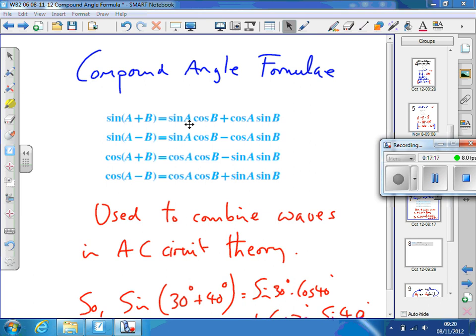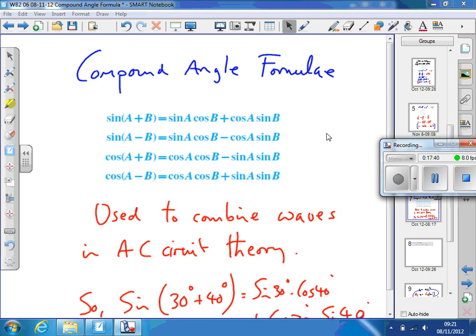If you look at the section on assignment 4, you'll see in there a proof of the compound angle formulae, and it is basically just drawing out right angled triangles and splitting the angles up and proving these identities. And if you're interested, have a look.